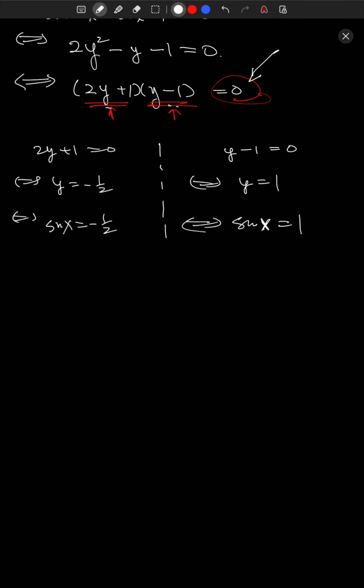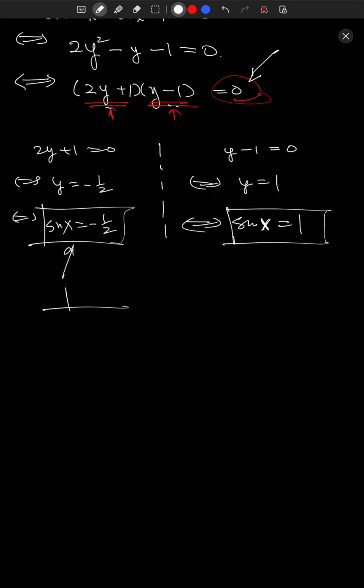All right, what do we do now? Well, this is exactly a problem from 4.2 or I believe it was 4.3. So here, for example, we look at the graph of sine. We know sine of 30 degrees, let me not use degrees, sine of pi over 6 is positive 1/2, right?